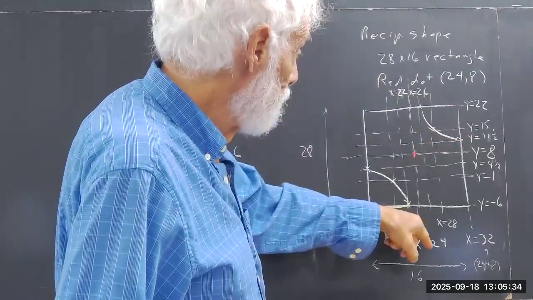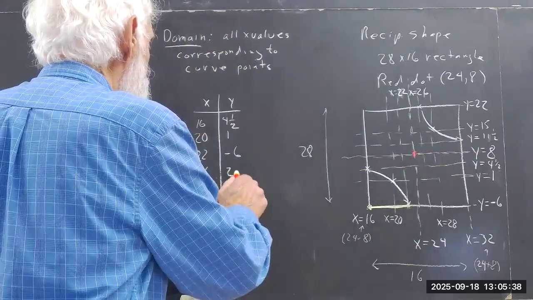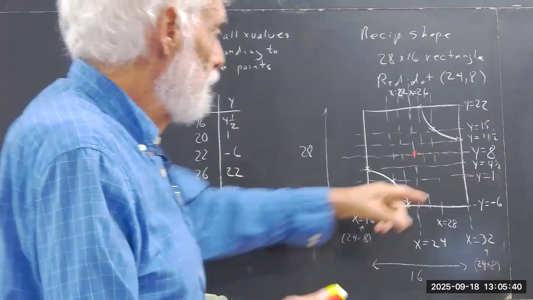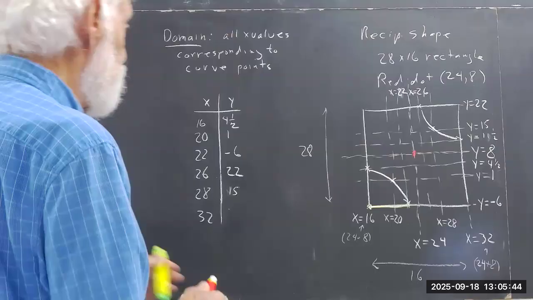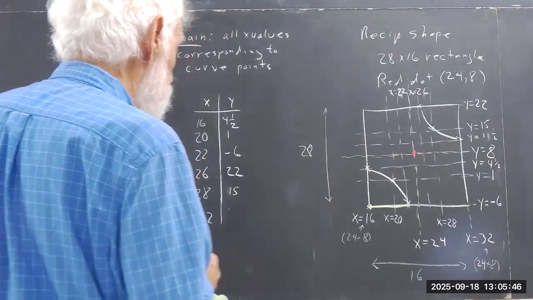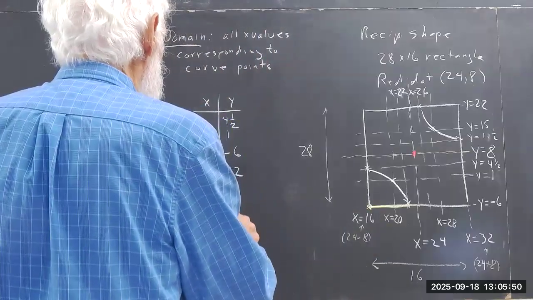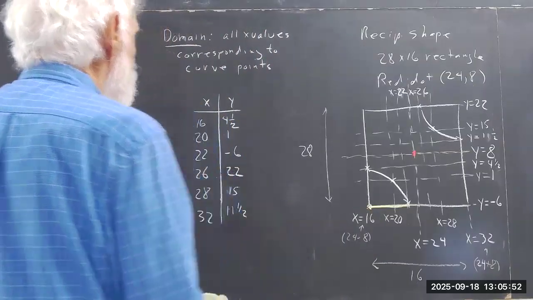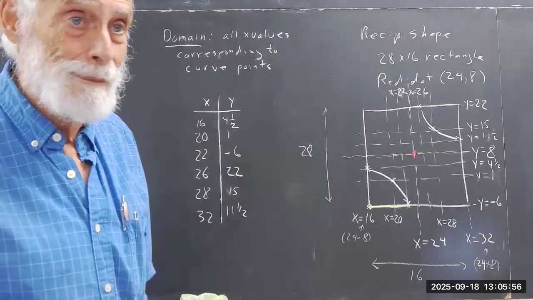The x equals 26 line meets the y equals 22 line. Now, when x is 28, y is 15. The x equals 28 line meets the y equals 15 line. And then the x equals 32 line meets the y equals 11 and a half line. So I had these two numbers transposed.